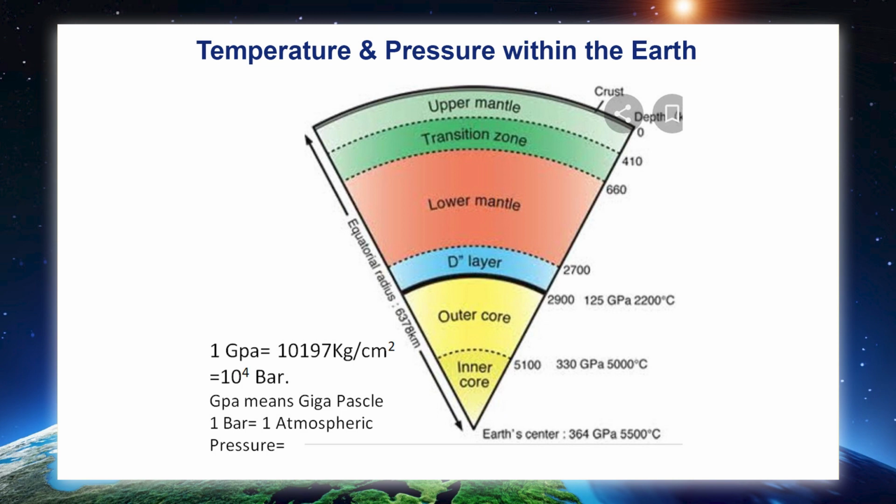Then the bottommost center portion, earth center, how much is it? See, it is shown only the temperature, 5500 degree centigrade. So, this is the thermal gradient shown.